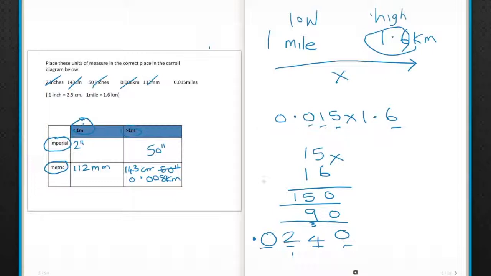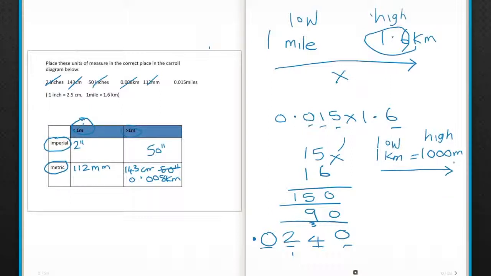So I want to change that now to metres. Just looking down here on this little corner, 1 kilometre equals 1,000 metres. I'm in kilometres and I want to go to metres. Which is the high number, 1 or 1,000? This is low.